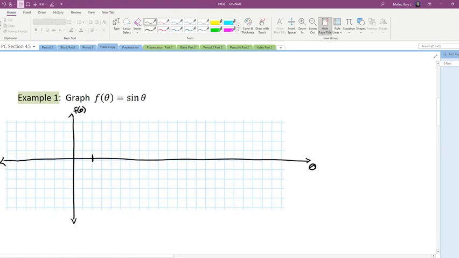Let's call this pi over 4, this would be pi over 2, 3 pi over 4, pi, 5 pi over 4, 3 pi over 2, 7 pi over 4, and 2 pi. I could keep going, but that should represent going one time around my unit circle.